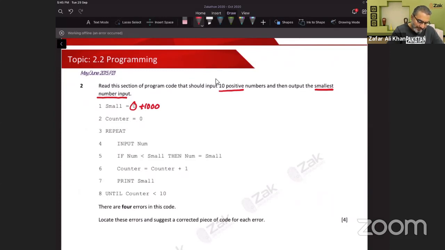If number is less than smallest, then smallest is equal to number. So one error, the other error, counter is equal to counter plus 1, print small. This would go after until. 3 errors. And then until counter is less than 10, no, counter should be equal to 10, 4 errors.